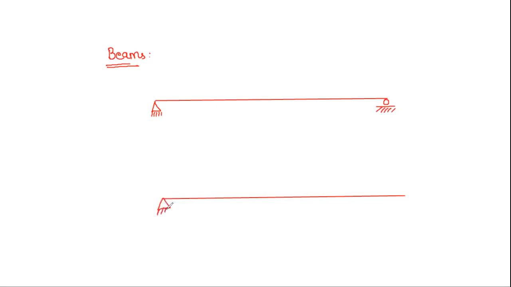And then a hinged support here with an internal hinge and a roller support, and then a fixed support here. So what will be the degree of freedom of this structure?